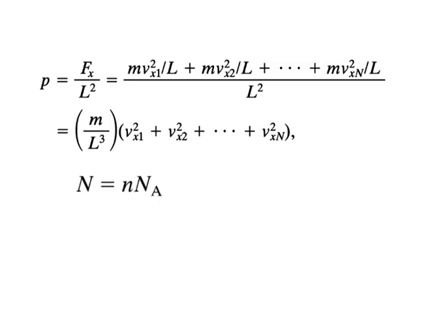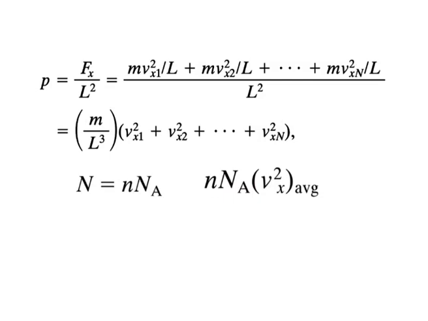Since N is equal to n into Na, there are n into Na terms in the second set of parentheses in this equation. We can replace that quantity by n Na into vx square average, where vx square average is the average value of the square of the x components of all the molecular speeds.